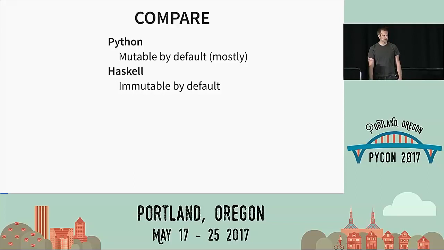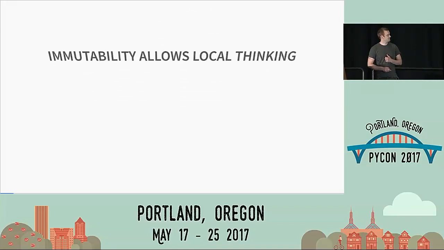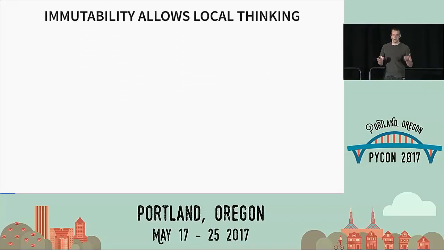The immutability that Haskell really forces on you means that it's much easier to think locally about what you're working with and not have to worry about its effects on other parts of the code. And so I think using immutability in Python can give you that same advantage.